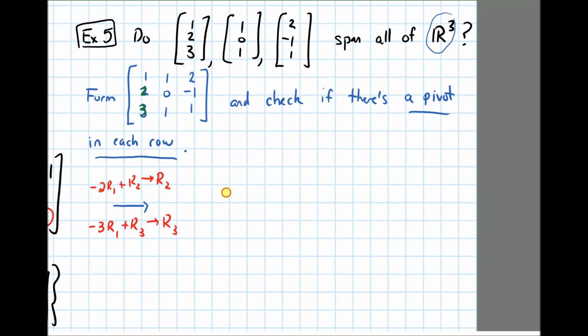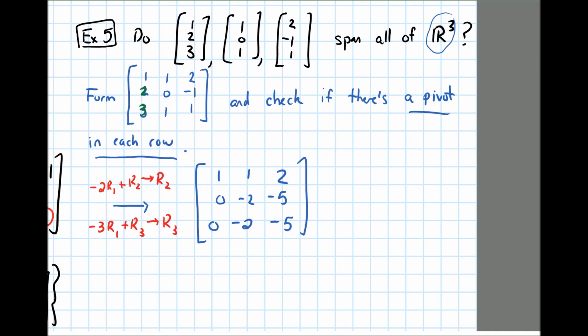If I do this, my first row stays the same as 1, 1, 2. For the other two rows, I'm going to do this a little bit quickly, and I'm going to trust that you can check my computation. The second row will become 0, -2, -5. The third row will actually be the same, 0, -2, -5.